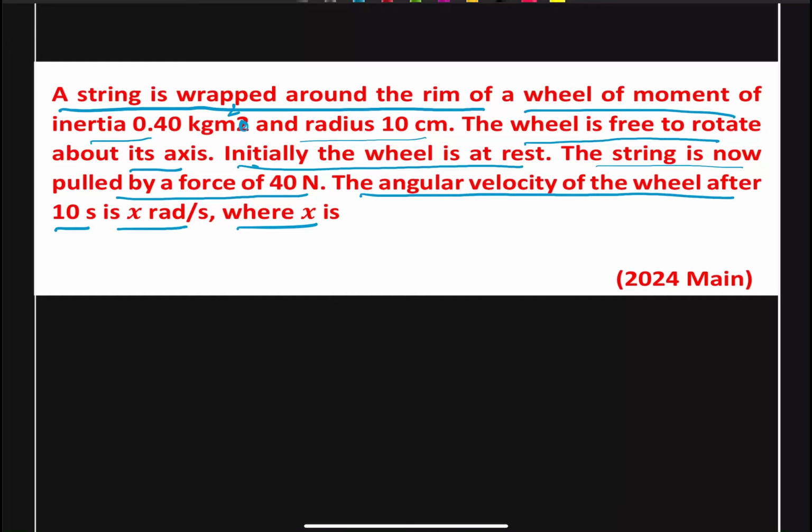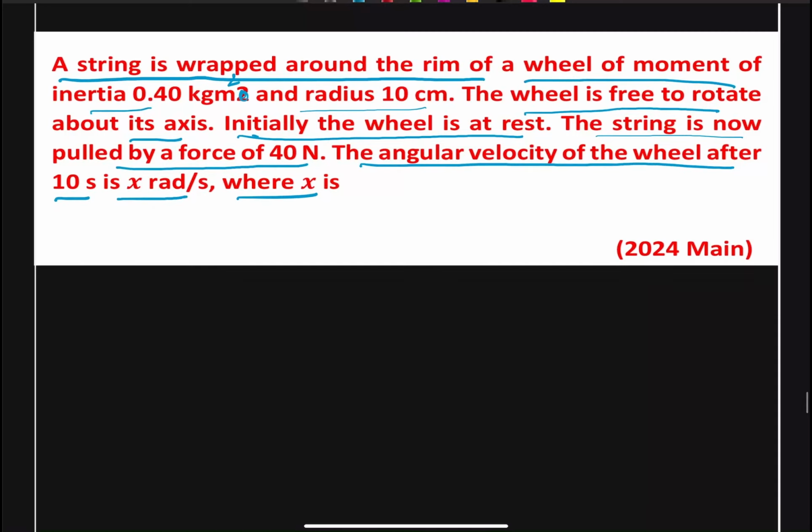and in this case, we are given that we are having a rim, so let us put this here, and there is a string wrapped around it. This is the loose end of the string through which it is supposed to be pulled.